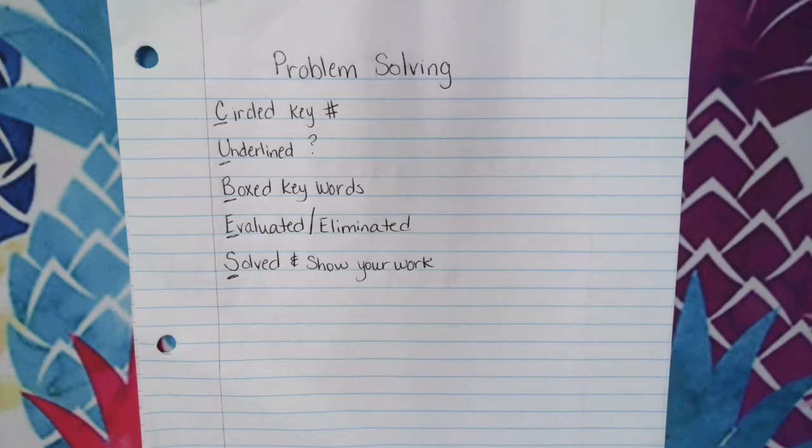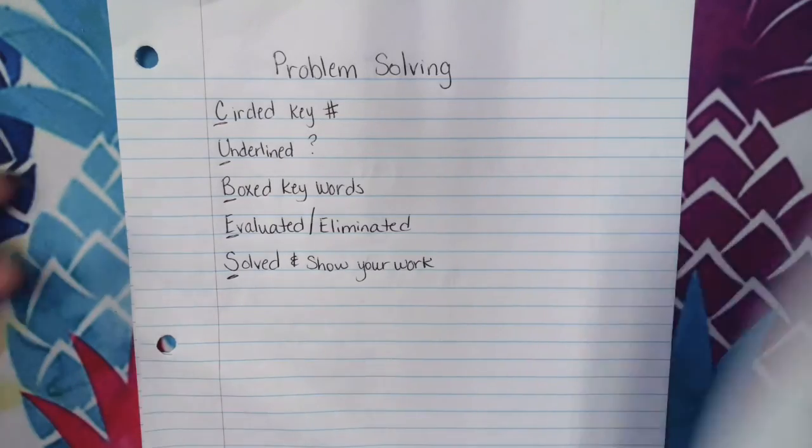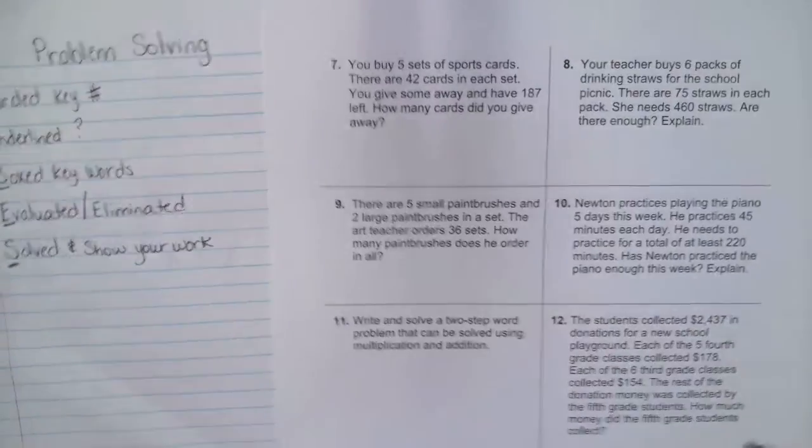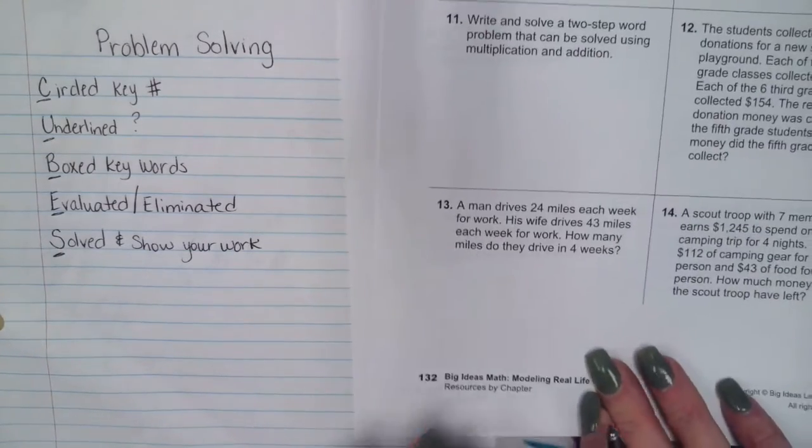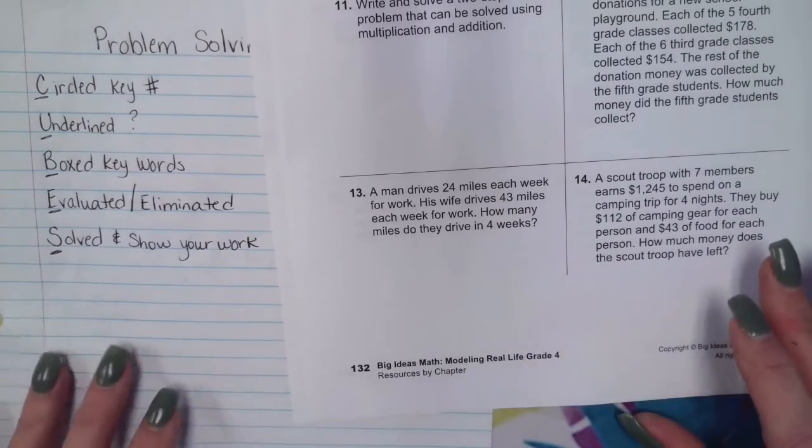All right, so I'm going to take a look at an example for today. And we're going to practice our problem-solving strategy. So I'm going to come down here to number 14.